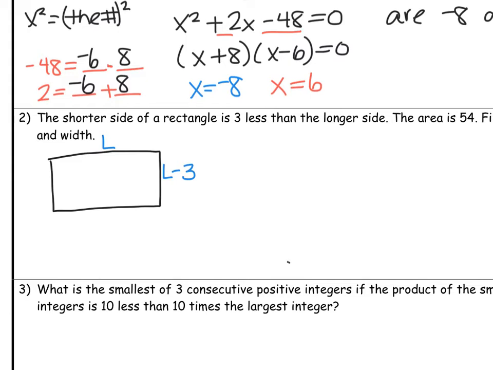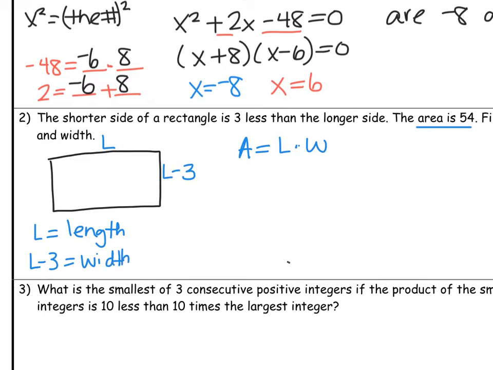The area is 54 inches, and we know to find the area of a rectangle, it's length times width. So in this case, L is the length, and L minus 3 is the width. So it's L, the length, times L minus 3, and we know that area is 54.